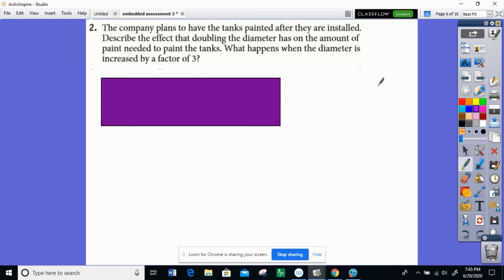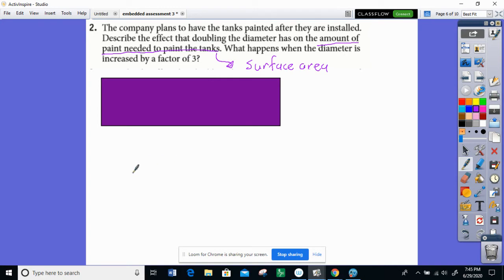Well, the amount of paint needed to paint the tanks, is that a surface area calculation or a volume calculation? The way you can answer that question is to ask: is it involving the inside of the tank or the outside of the tank? How much the tank can hold, or what goes around the outside of the tank? They're painting the outside of the tank, so this would be a surface area calculation.